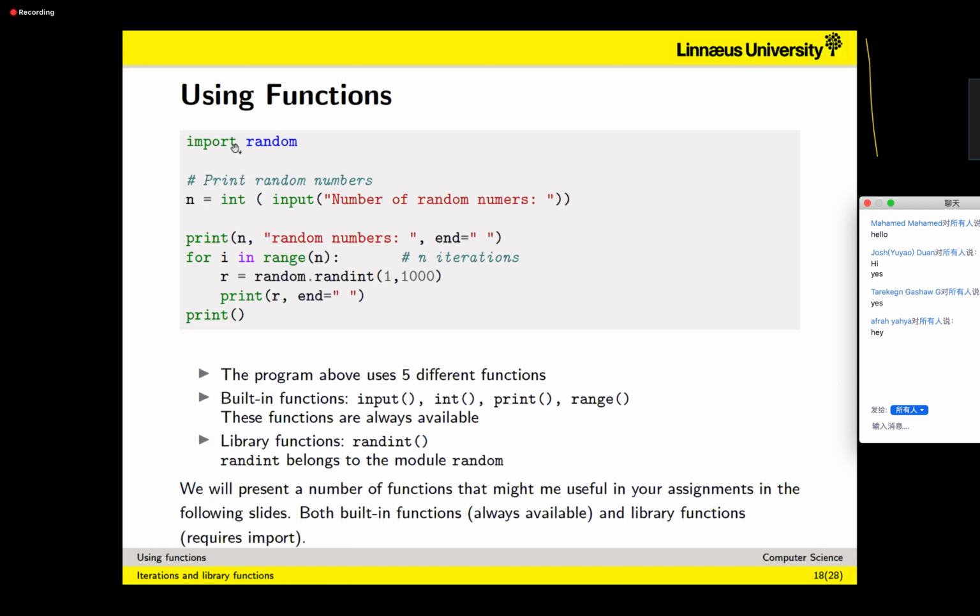So the random function that generates an integer, in this case, in the range from 1 to 1000, the function randint belongs to a module random, and random is not available by default when we are running a Python program. So we must import it.